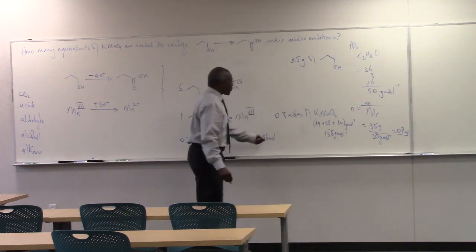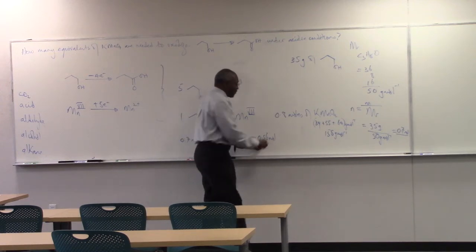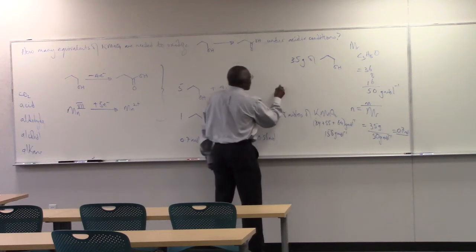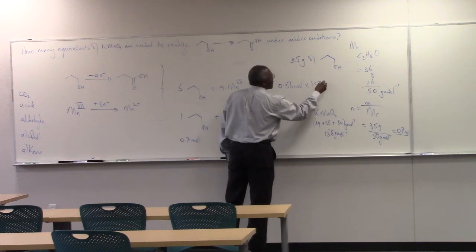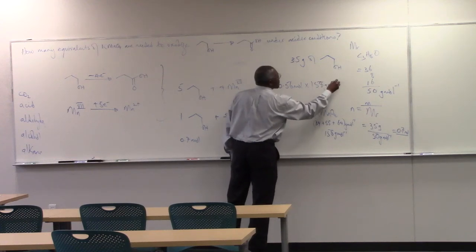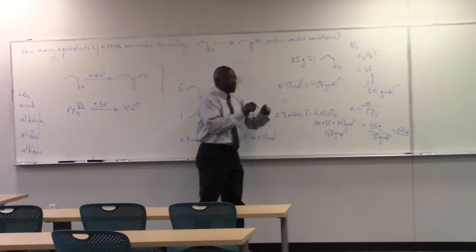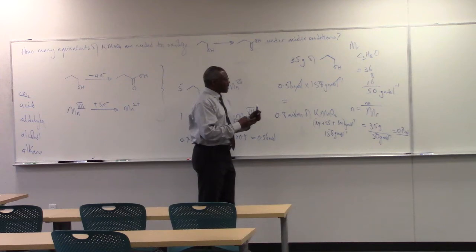And if the question says what mass do I need, if it's 0.56 moles, I'll multiply 0.56 moles by the 158 grams per mole. So the moles cancel out, and I have a number which is grams.